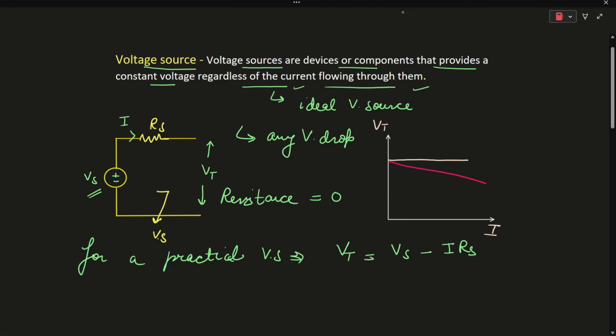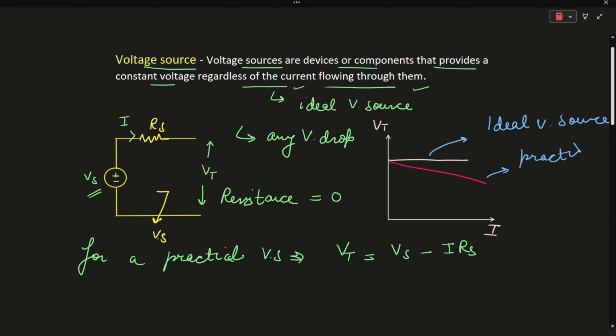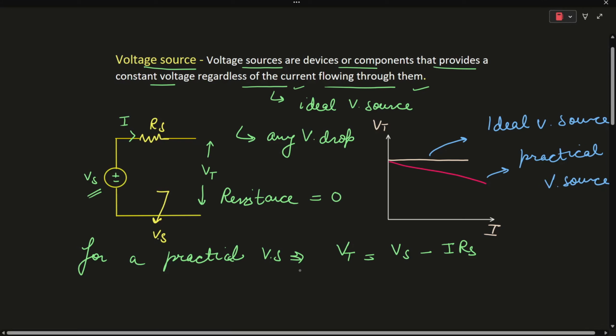This particular line depicts the variation of the terminal voltage with respect to the current for an ideal voltage source, and this line shows the characteristics of a practical voltage source. I hope it is clear.